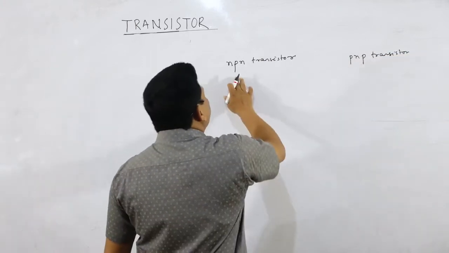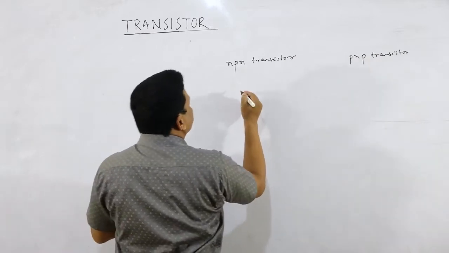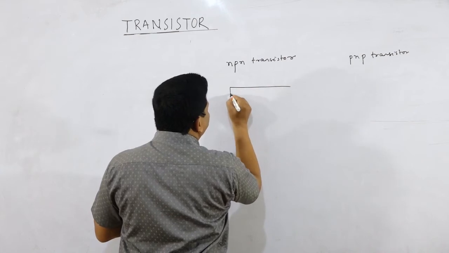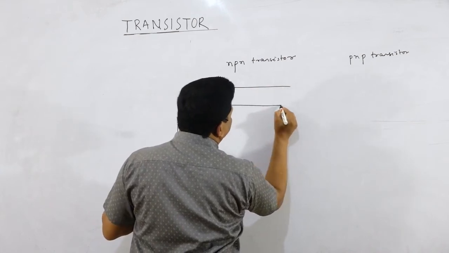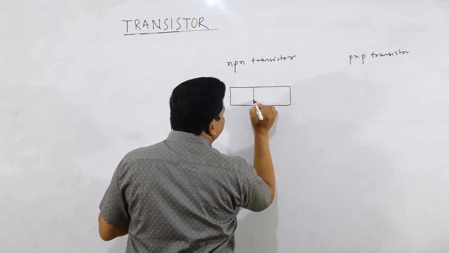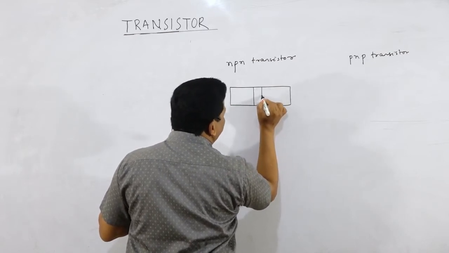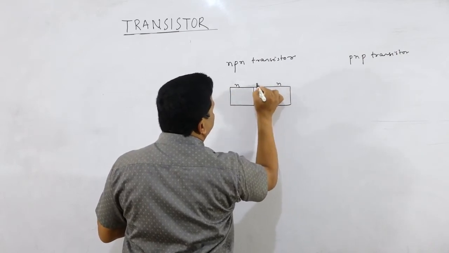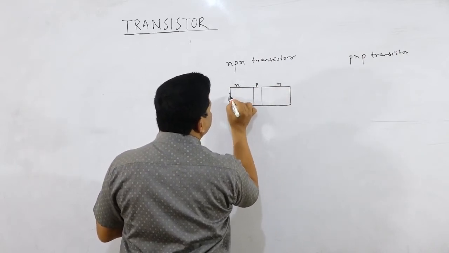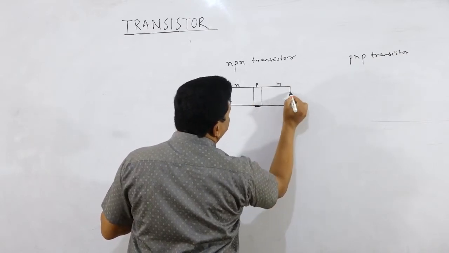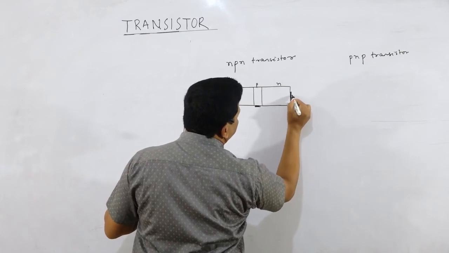Look here, in the NPN transistor, between 2 N-type semiconductors, a P-type semiconductor is sandwiched. So hence its name is the NPN transistor.